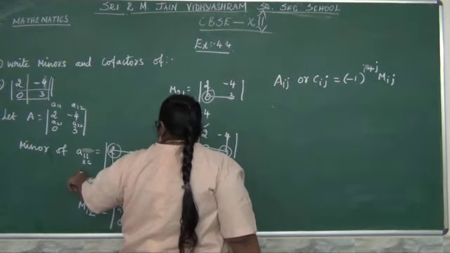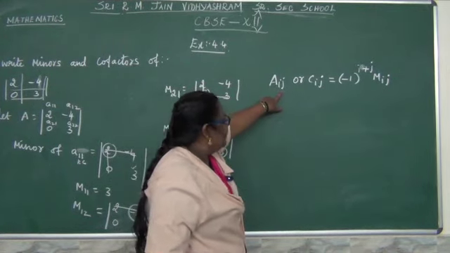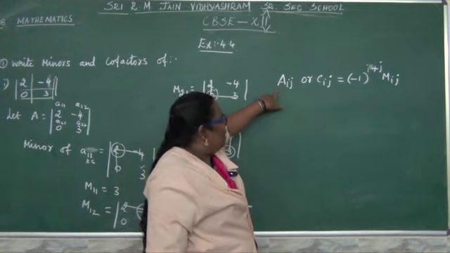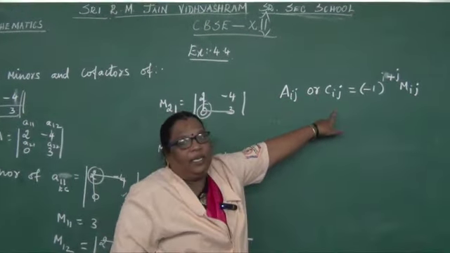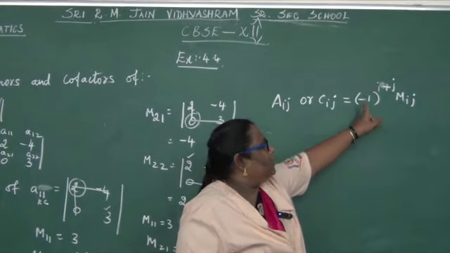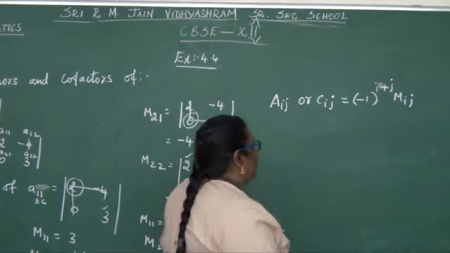You have seen 11, 12, 21, 22; these represent i and j. So Aij or Cij equals minus 1 whole power i plus j into Mij.